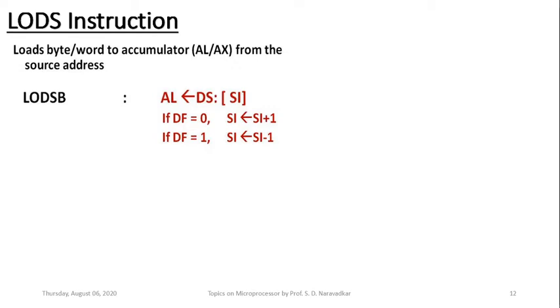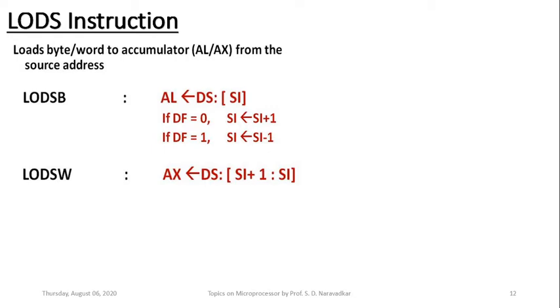On the other hand, if the direction flag is set to 1, then SI minus 1 is copied to SI. It means that the auto increment or auto decrement of the source index register is by 1 because it is a byte variation. Now the next instruction is LODSW.